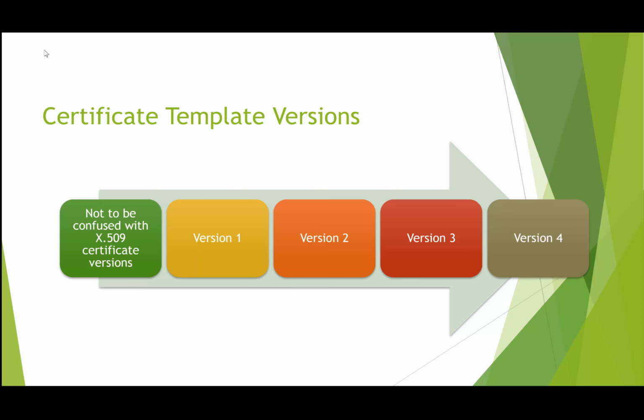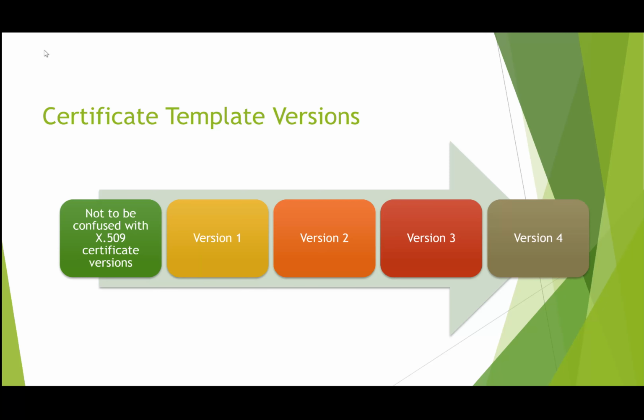For example, version 2 templates came out with 2003, so any of the settings you can manipulate in there will work with Windows 2003, Windows XP. Version 3, I believe, was Windows Server 2008, so any settings you enable in a version 3 template would be compatible with Windows 2008, Windows Vista, and so on and so forth.